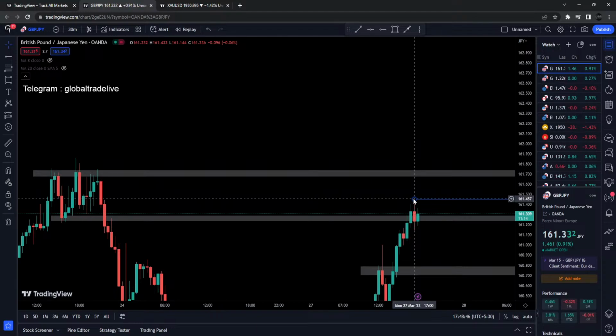So 11 minutes left for the current 30-minute candle to close. So we just have to wait. Now the thing is, in case this candle breaks the price, I really want GBP JPY to break. In case at that point of time there will be only 3 to 4 minutes left in the closing of the candle, then I'm just gonna pass the opportunity of taking the trade over here, because there is no point of entering a trade when the candle is about to close.